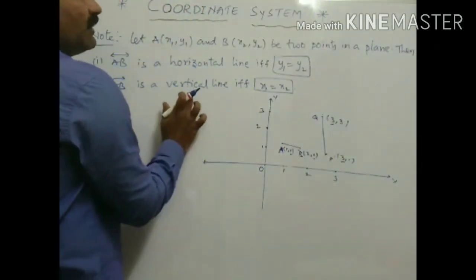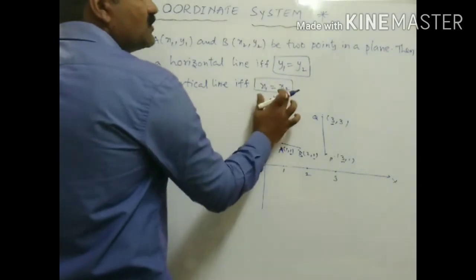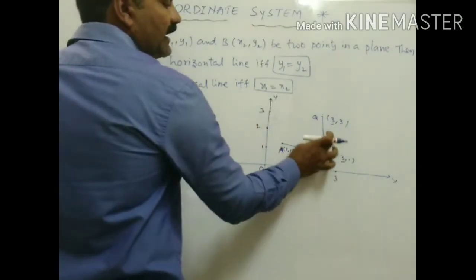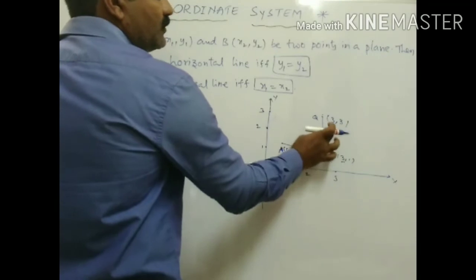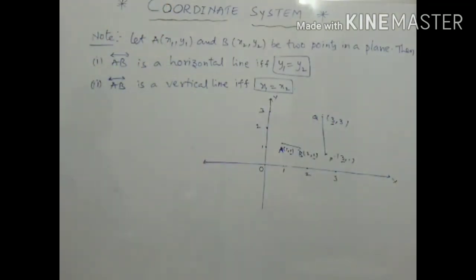Then x1 equals x2, and both are equal to 3. So please remember that AB is a horizontal line if and only if their y coordinates are equal, and AB represents a vertical line if and only if their x coordinates are equal.